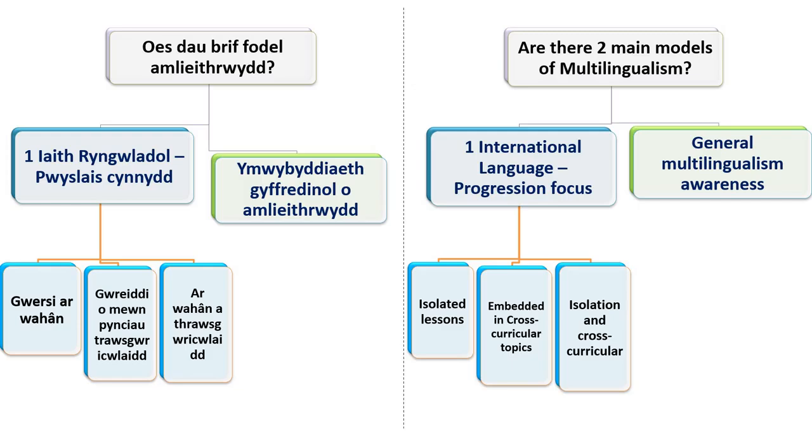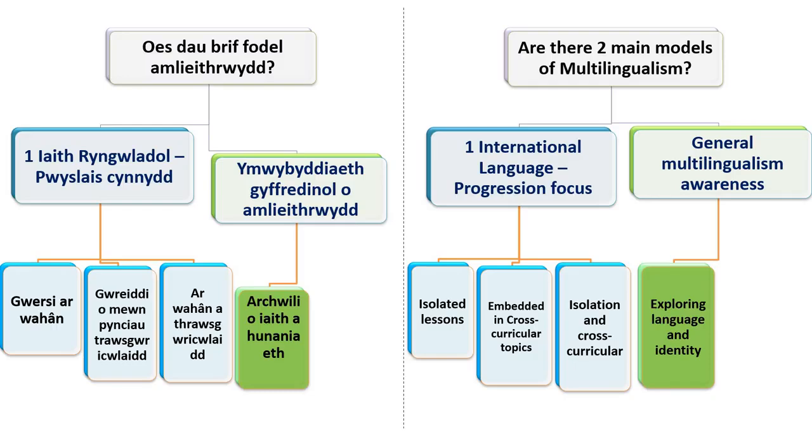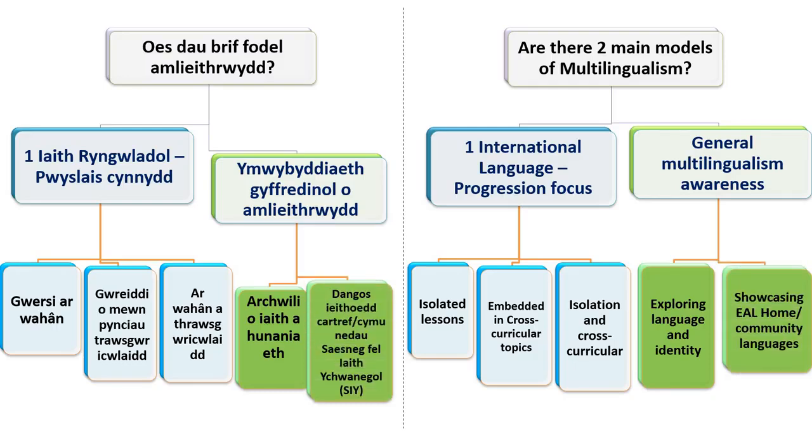The flip side then is, if you're building just a general multilingual awareness, that would look like you're exploring with your pupils language and identity, how they're linked, and then you're making sure that you showcase EAL home or community languages. So for example, some schools have started introducing multilingualism to meet the curriculum for Wales by looking at language of the month, and each month focusing on a different language from an EAL learner and learning a little bit more, everybody giving that language a go.